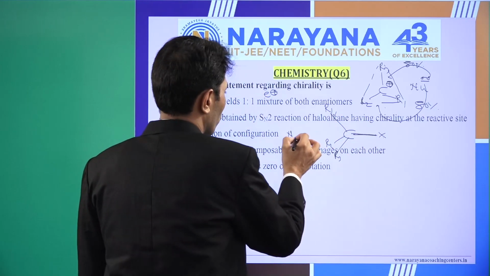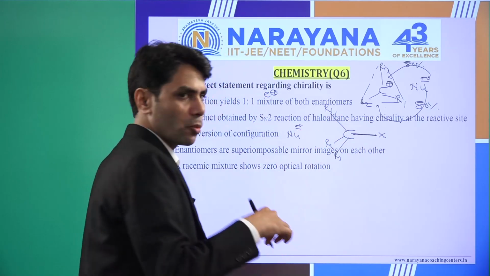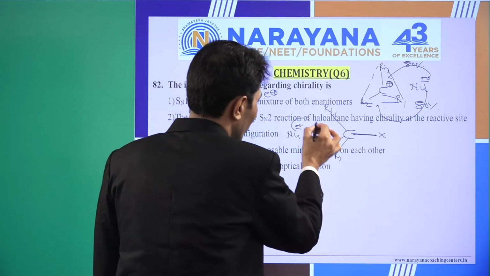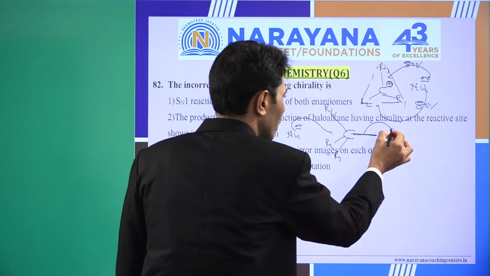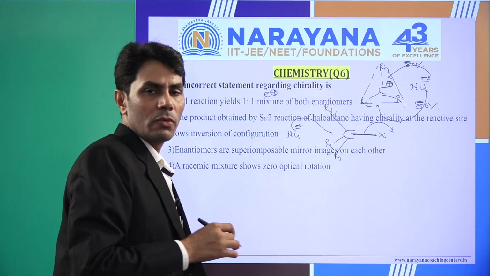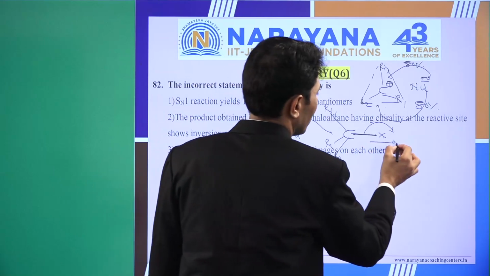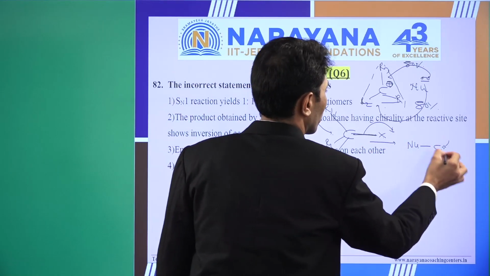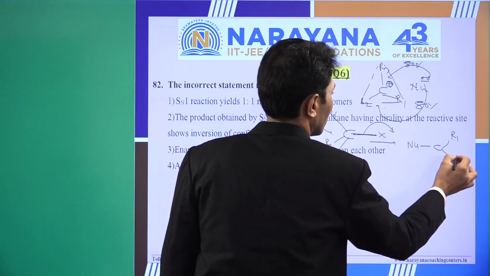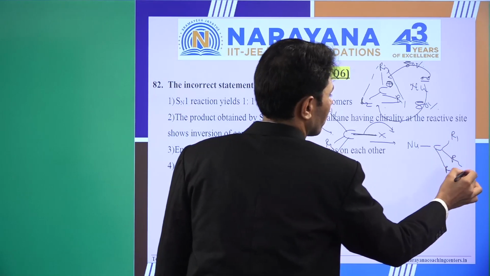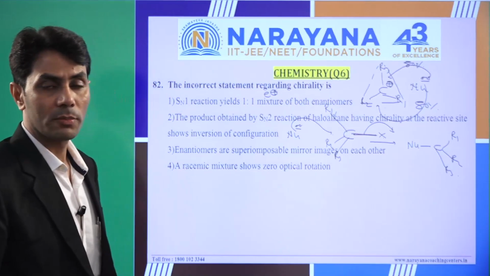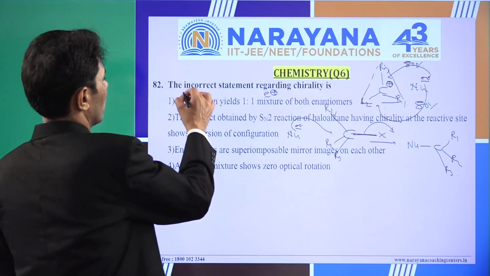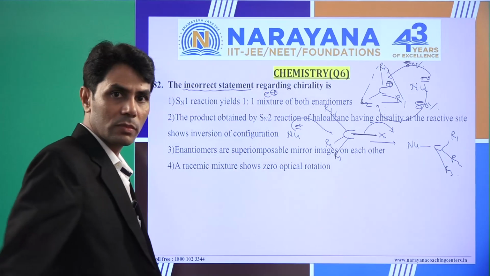The attacking nucleophile attacks from the opposite side with respect to the carbon halogen bond. So it will attack from this direction, halogen will leave from this direction, and finally there will be inversion of configuration at the active site. Okay, so it is also correct. We have to find the incorrect one, right?